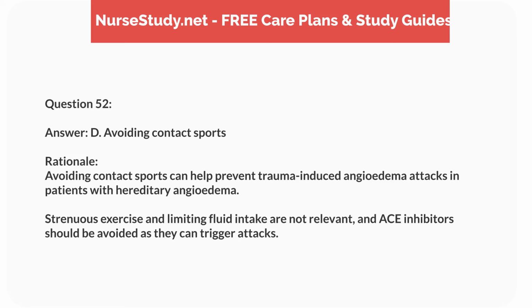Answer: D. Avoiding contact sports. Rationale: avoiding contact sports can help prevent trauma-induced angioedema attacks in patients with hereditary angioedema. Strenuous exercise and limiting fluid intake are not relevant, and ACE inhibitors should be avoided as they can trigger attacks.